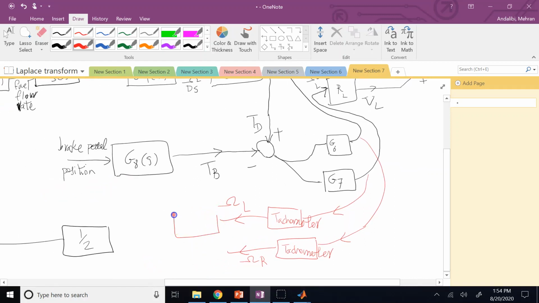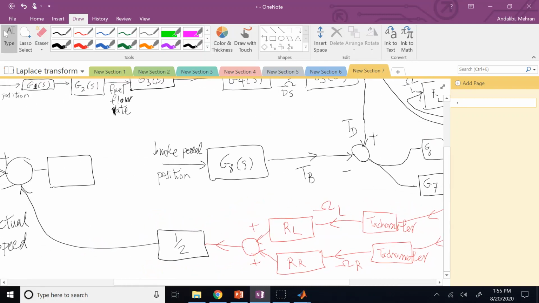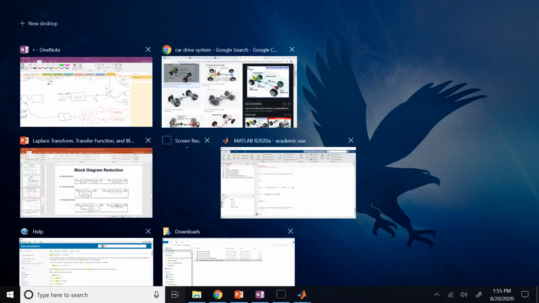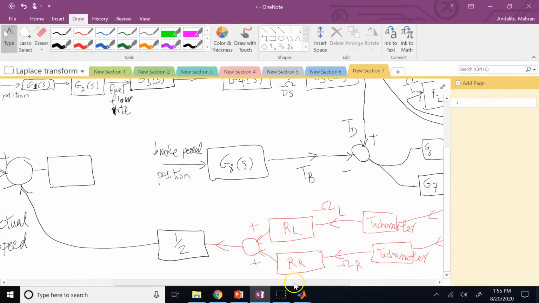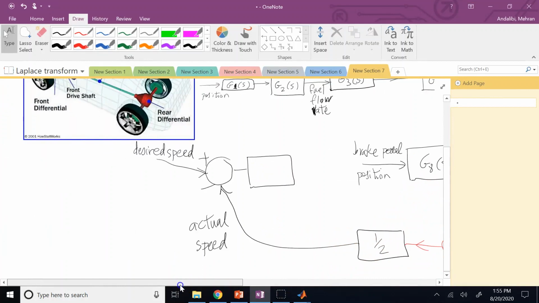Then you multiply each one of them by those gains, radius of left, radius of right. Then you add them together, and multiply by 1/2. And that is going to be the estimation of the car speed. If it has a GPS, then it might directly get it from GPS.